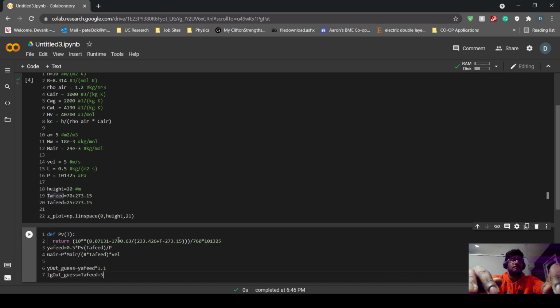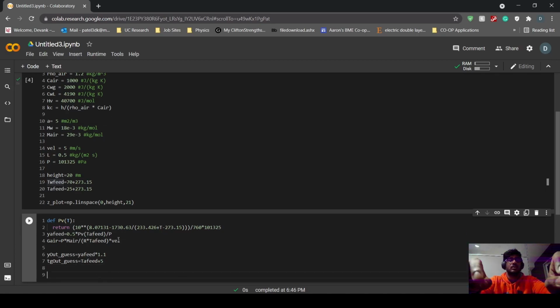And the air temperature should go up as the temperature increases. So we're just going to guess it increases by 5. And then we're going to identify an empty variable. And this is going to be coming into play later on within the code. So we're just going to say sol equals none. Let's just run that real quick, and that's good to go.